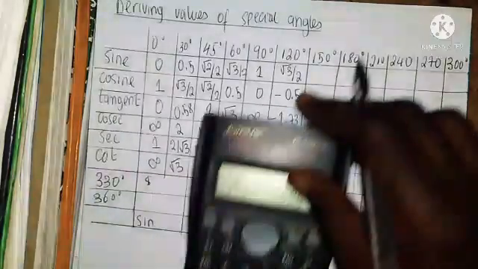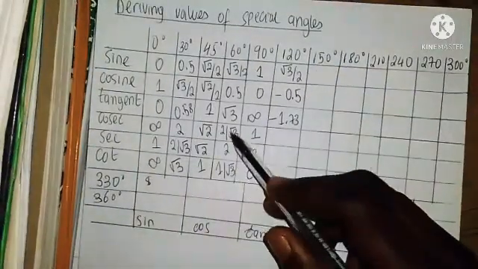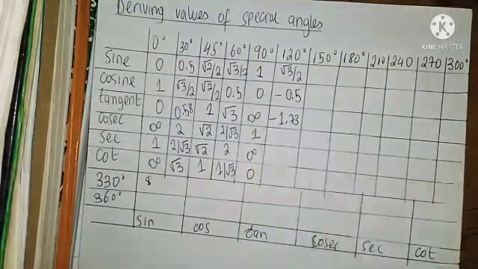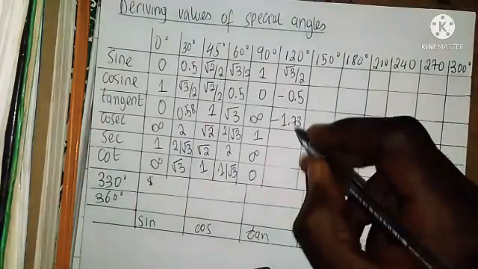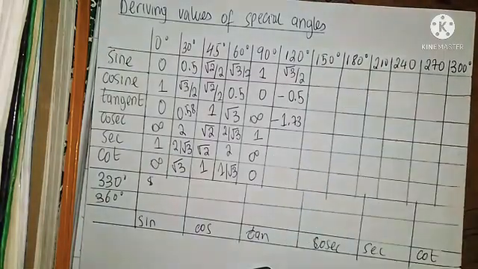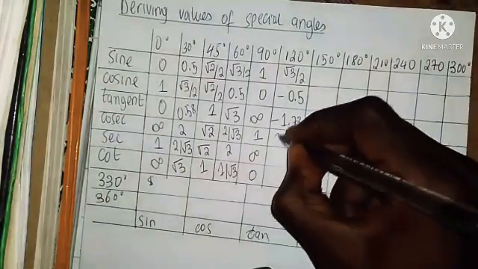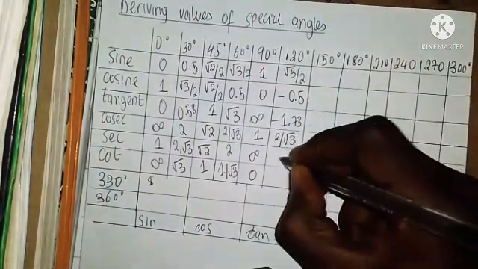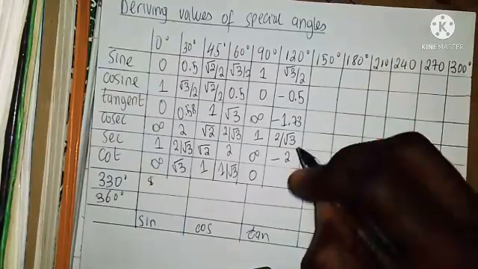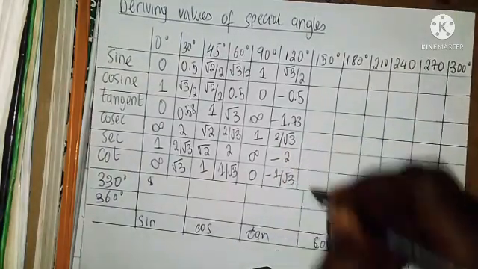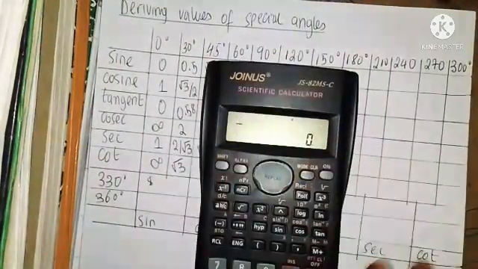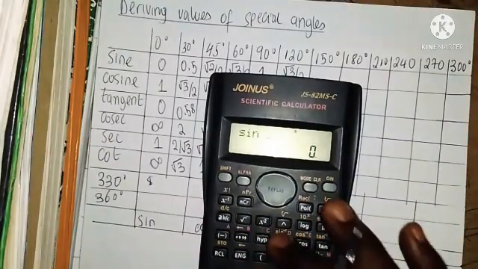And this minus 1.73 is the negative of the value for 60 here. And here we're simply going to have, since 1 is a reciprocal, the reciprocal values. Okay.